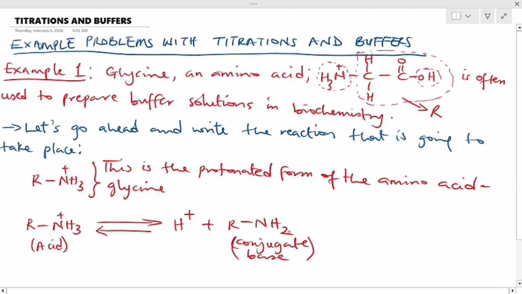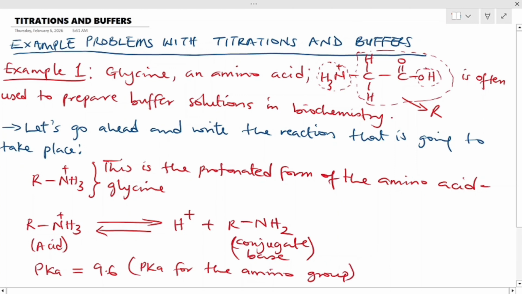That's the reaction, and in this reaction we have a pKa equal to 9.6, and this pKa is actually the pKa for the amino group.